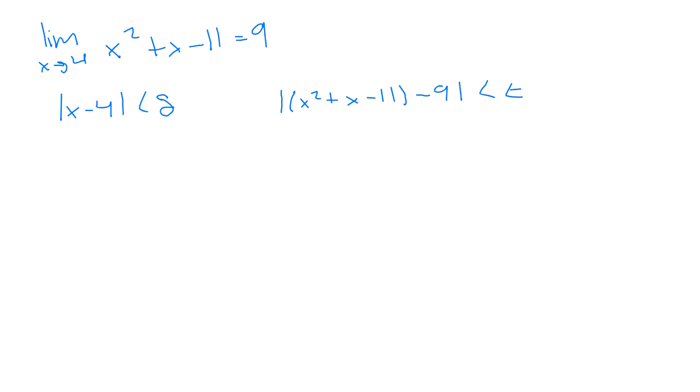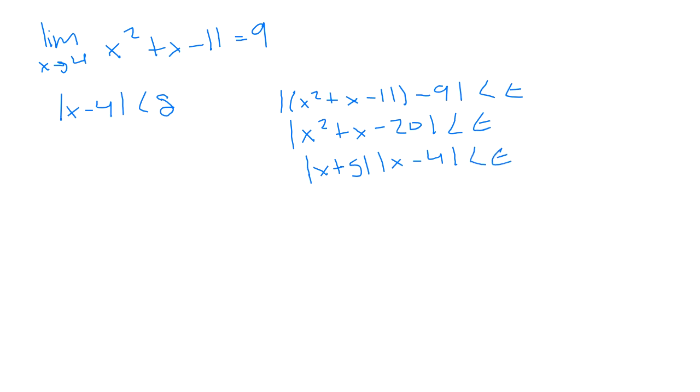So let's see if we can do anything more with this. Let's combine, so we get x squared plus x minus 20, which is all less than epsilon. Well, we can actually factor this out to where we get x plus 5 and x minus 4, which is less than our epsilon.